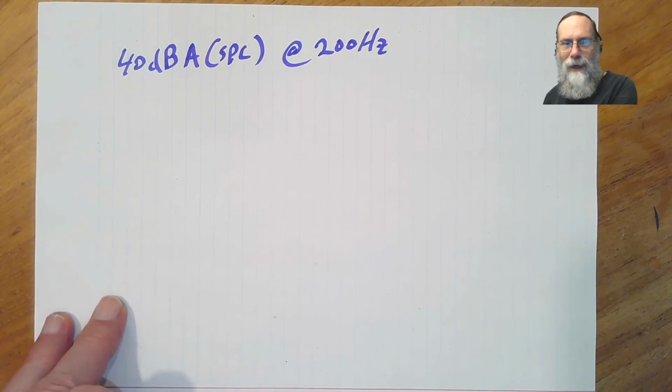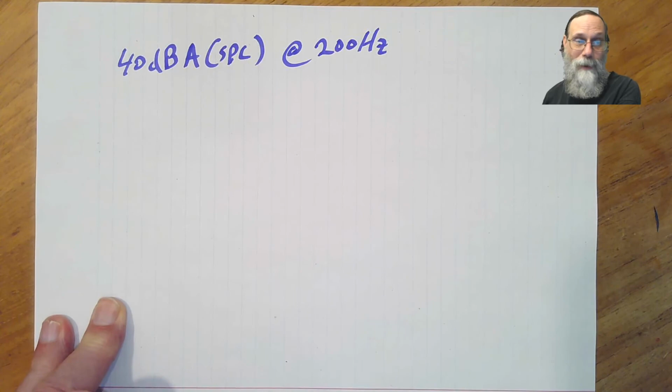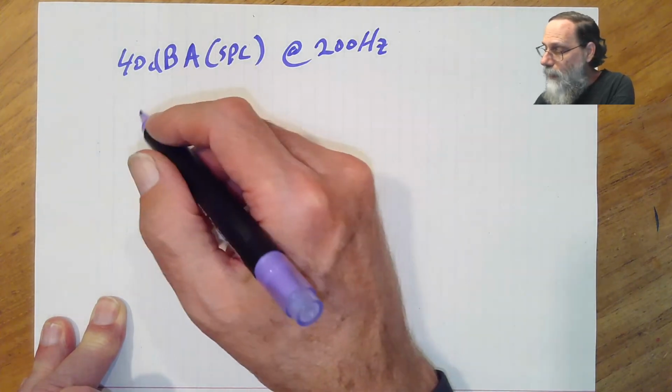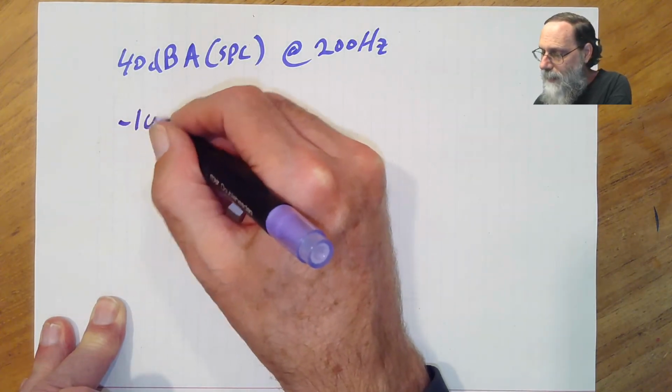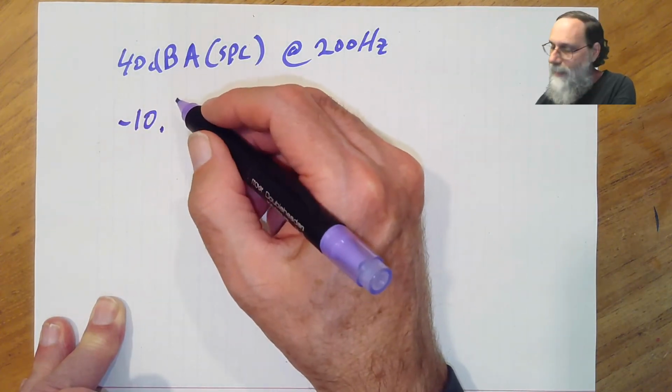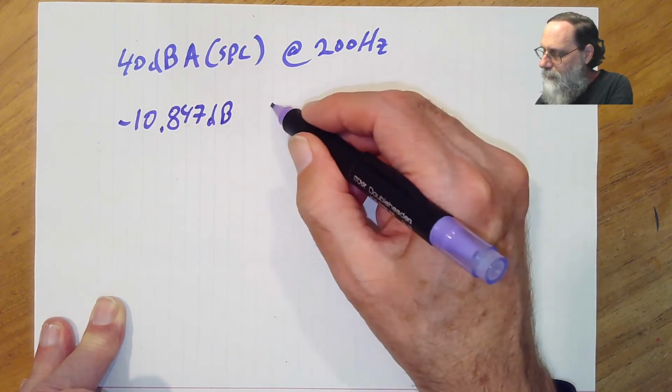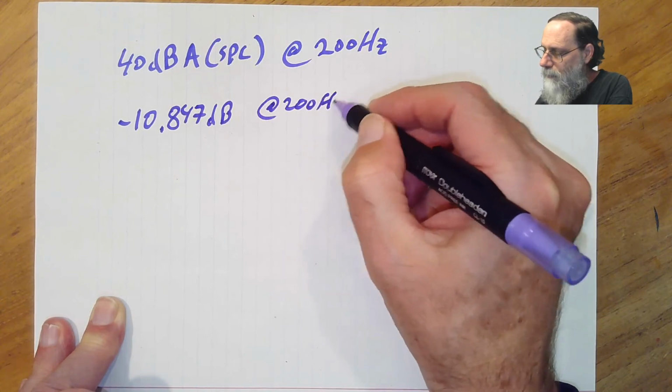And I did that. I don't remember whether I did it by calculating with GNU plot from the formula or by using one of the internet calculators, but it should come out about the same. And I believe it was minus 10.847 dB at 200 hertz.